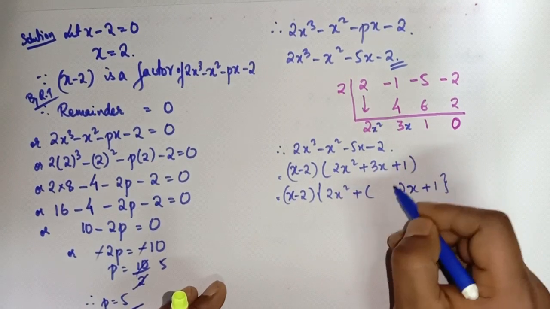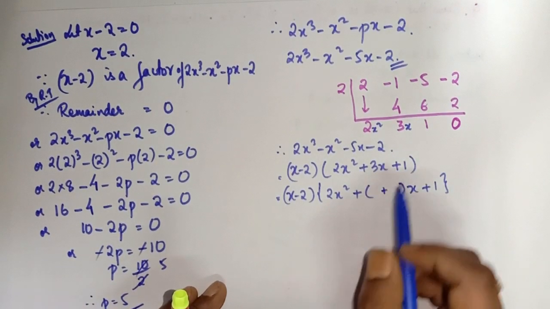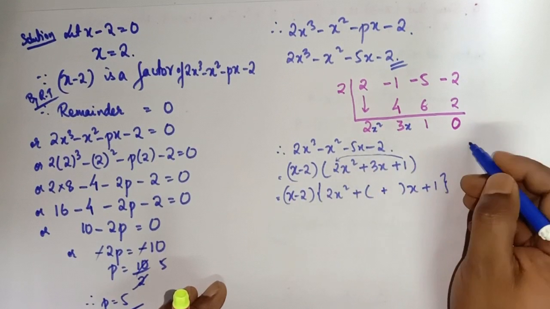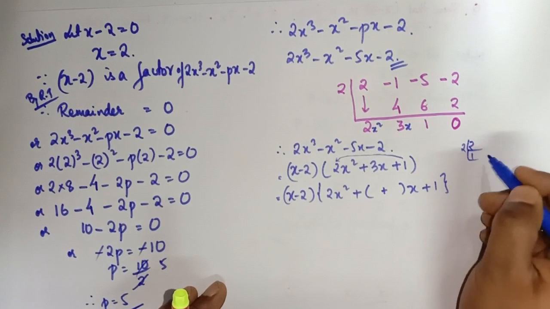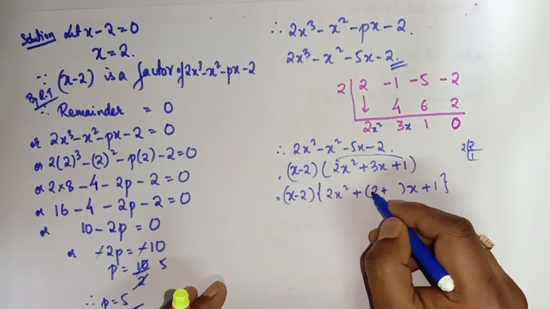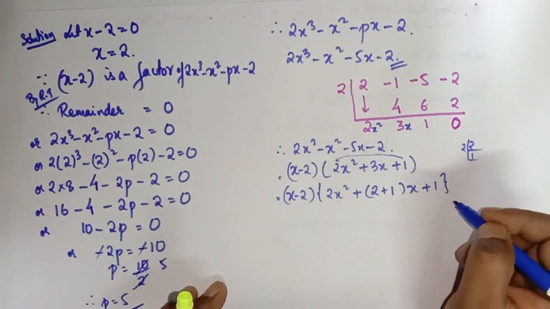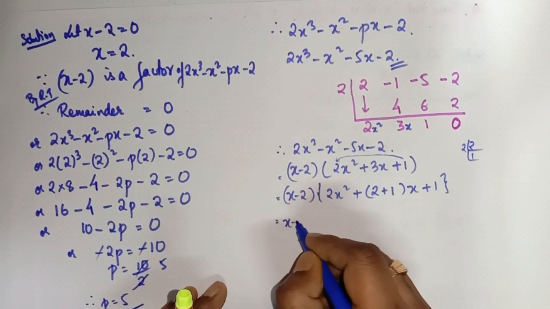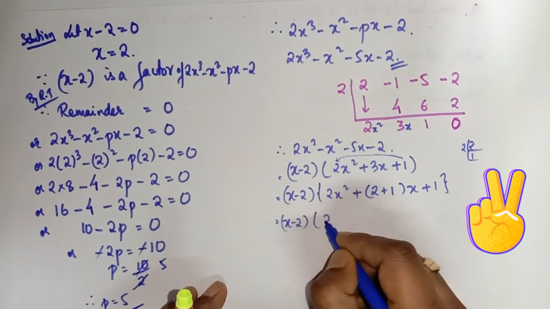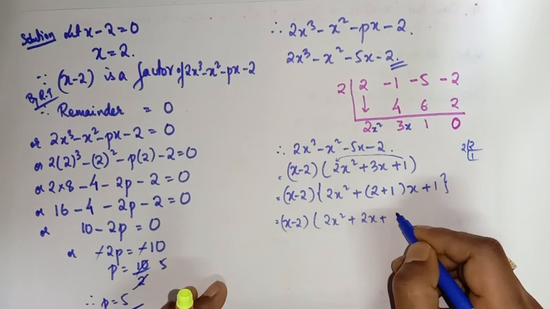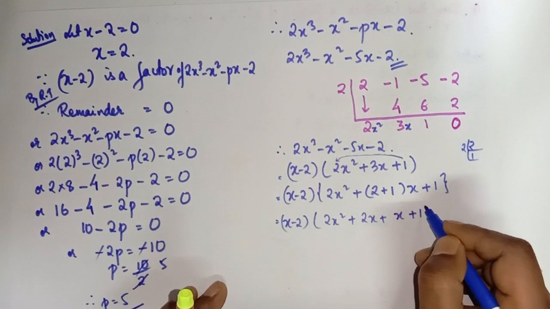Now this 1 and this 2 have to be multiplied. So 1 2s are 2. So 2 and 1 I am getting: 2 plus 1 is 3, 2 into 1 is 2. Now x minus 2 times 2x square plus 2x plus 1 into x, or x you can write, plus 1.